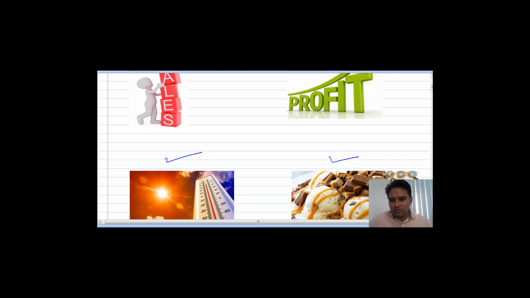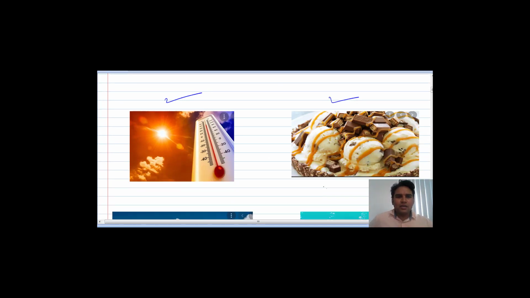Now here temperature is given. In the summer, you people like to have ice cream. As temperature goes up, consumption of ice cream also goes up. Right now summer is starting, so we all love to eat ice cream when the summer season is going on.